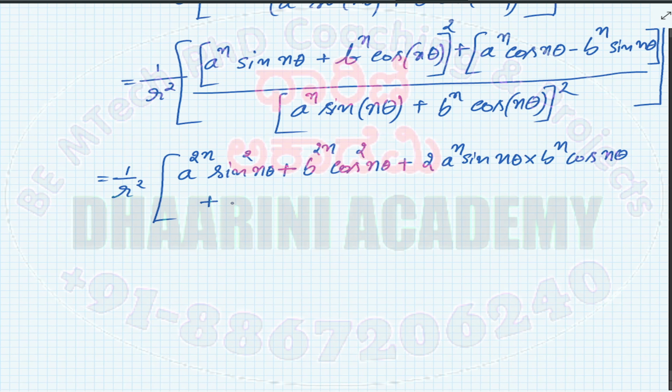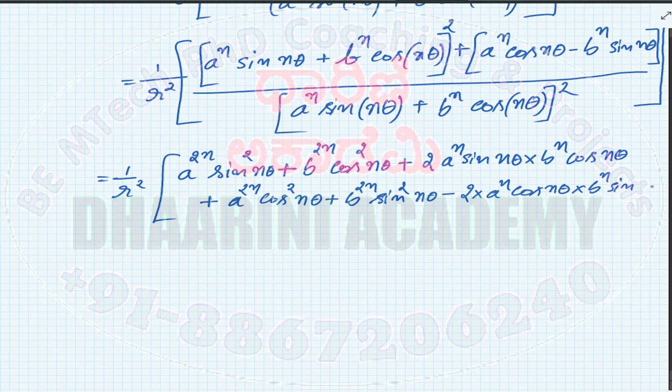So a minus b whole square is once again a square, so this is a to the 2n cos square of n theta, once again b square, so this is b to the 2n sine square of n theta, minus 2 into a into b, so 2 into a to the n cos n theta into b to the n sine n theta. This whole thing is the numerator. I wrote it in 2 lines, please consider that.